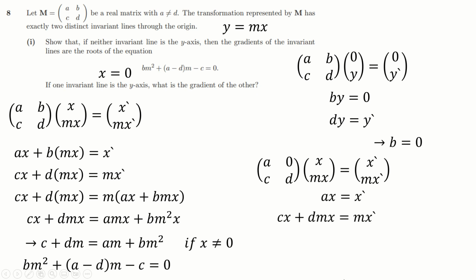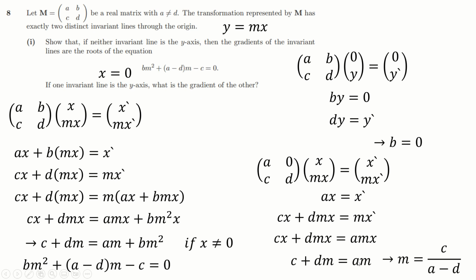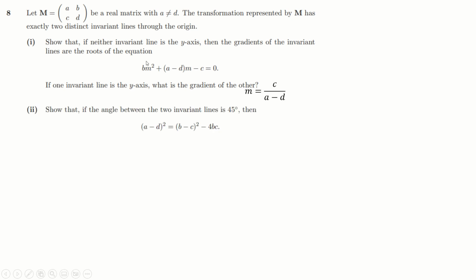Again, compare the top row and the bottom row, put the x prime in there, and now x can't be 0 anymore, because x has already been 0 to get your first invariant line, and the two lines are distinct apparently. So okay, now we have that c plus dm equals am, and when we divide, we will have our answer for m if one of the lines is the y-axis. If not, then it's just the two answers to this equation here. Good. Okay, so we've got all that down.